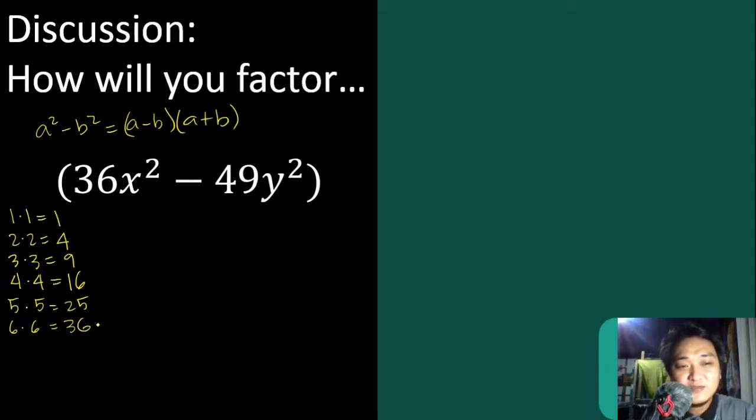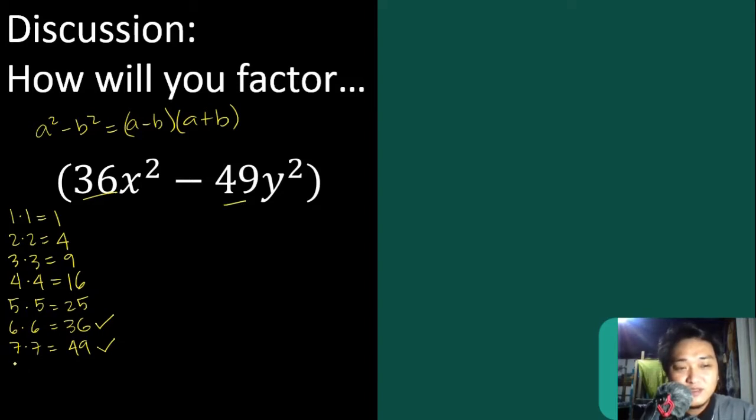6 times 6 equivalent to 36. So, ayan na. We have one perfect square number, which is 36. 7 times 7 is equivalent to 49. Ayan, meron ulit tayong perfect square number, which is 49.